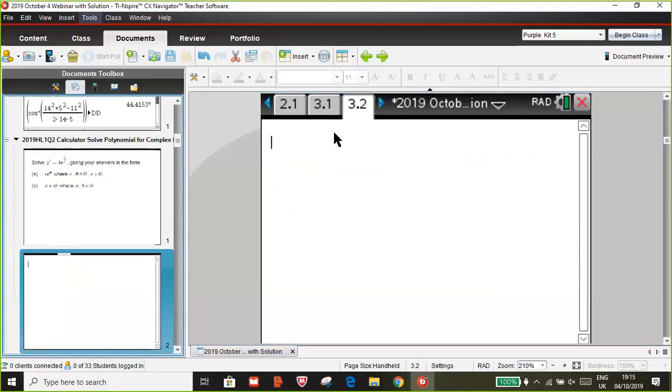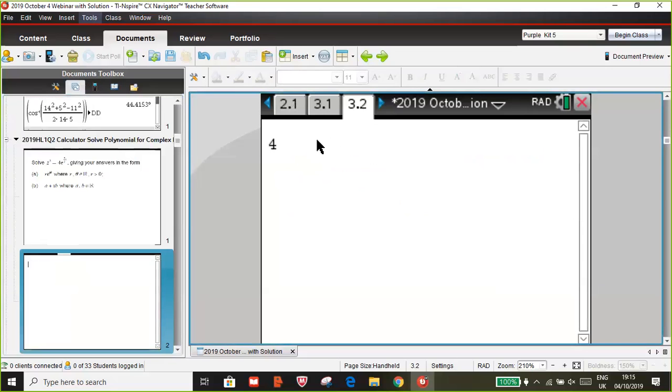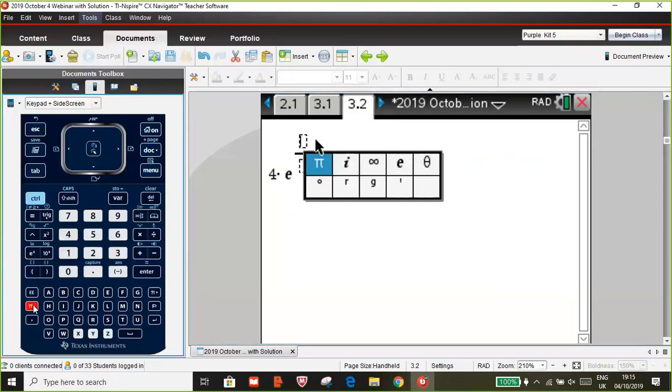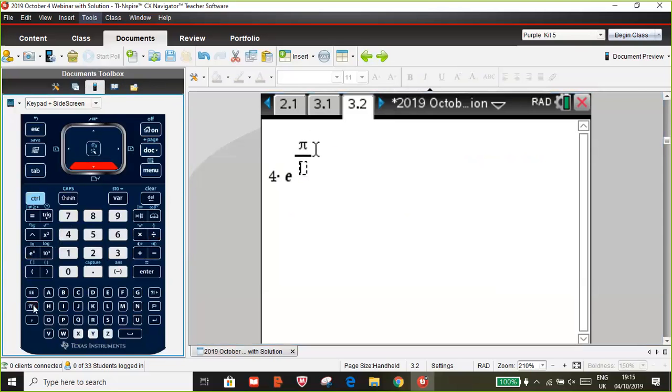So basically, I'll just type in 4 times, okay, I need e to the power of pi over 2 times i. This is where we get i, the constants.